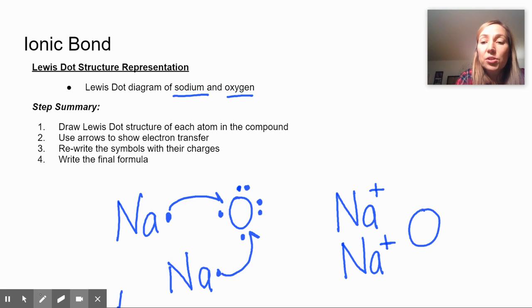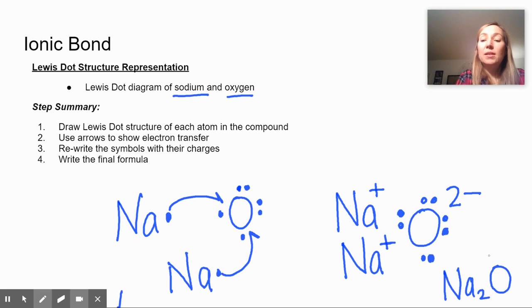And the oxygen atom started off with 6 valence electrons, but it got 1 from each sodium, and now it has a charge of 2 minus. And the final formula is going to be that we have 2 sodium atoms for every 1 oxygen atom, or Na2O.